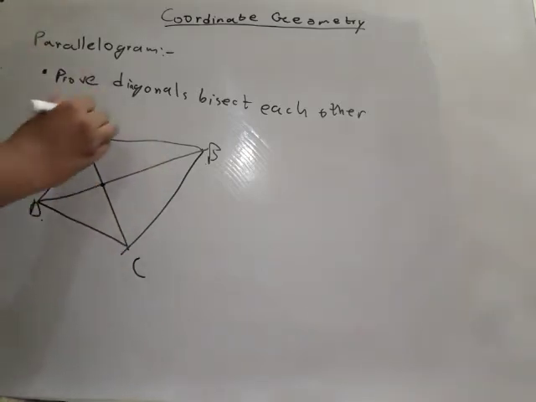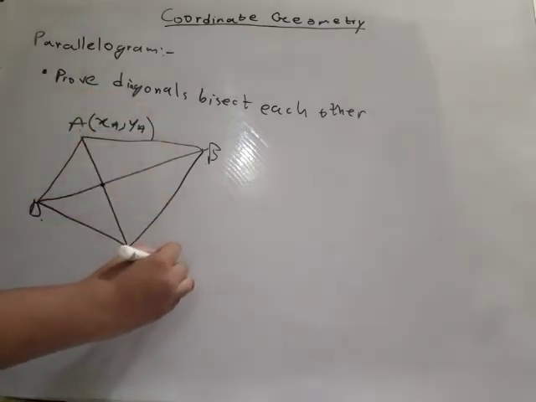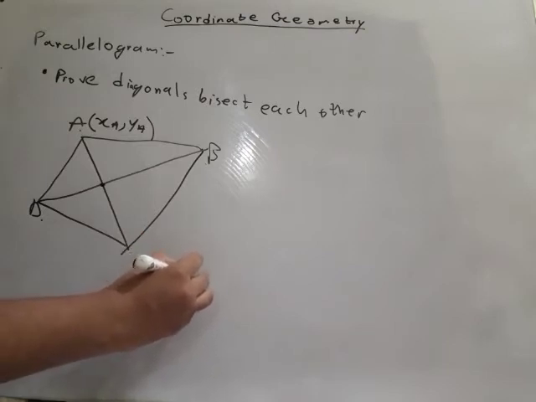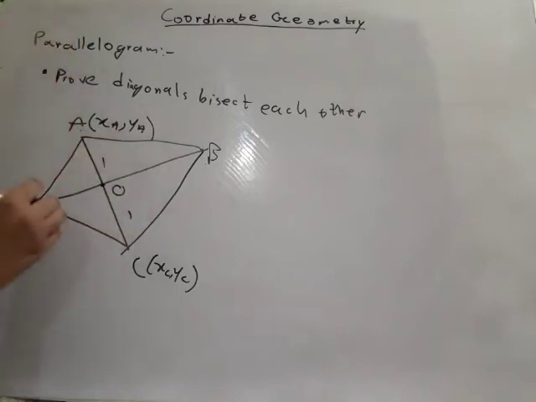Let us take only the example of A and C, with coordinates XA, YA, and XC, YC. Now the point, let it be O. It divides AC in ratio 1:1. So it will be easy for us.